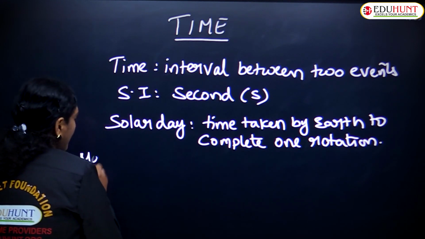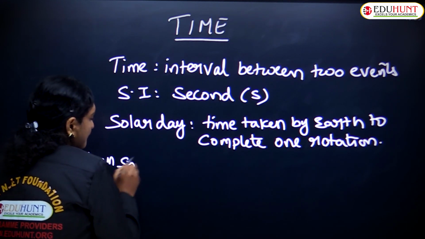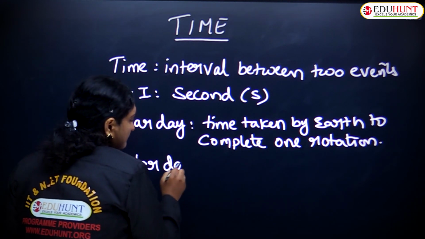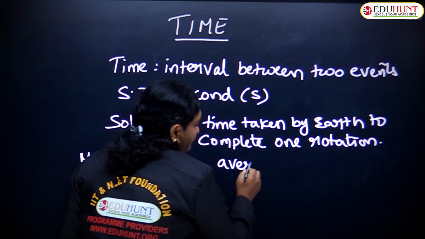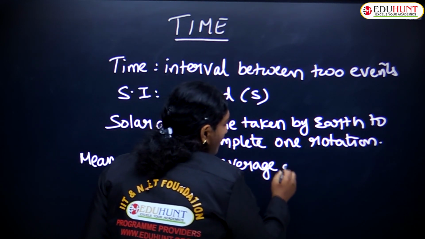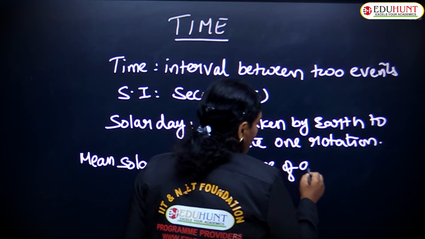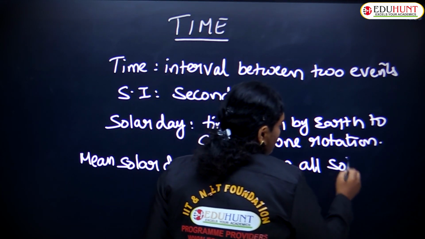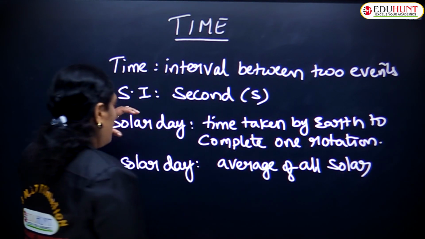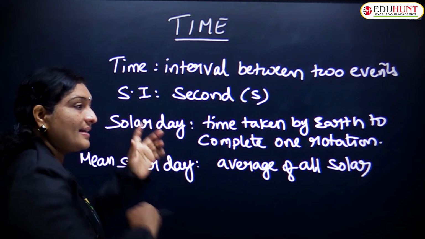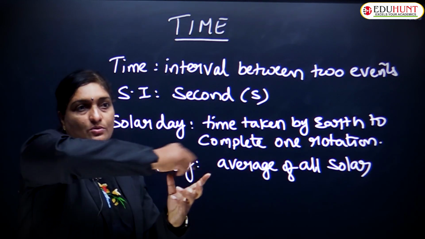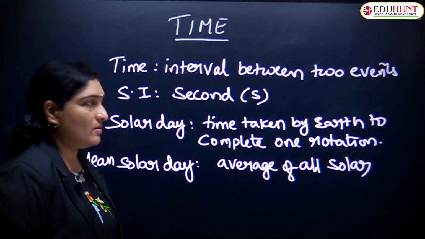What is mean solar day? Average of all solar days. One rotation, one day. Second rotation, third, likewise 365 days it takes to complete one revolution around the sun.